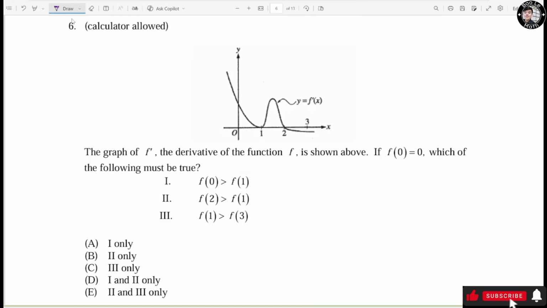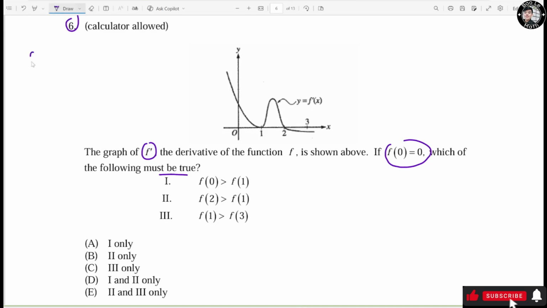Now let's move on to question 6. The graph of the function f prime of s, the derivative of the function f, is shown above. If f of 0 equals 0, which of the following must be true? Before we solve this problem, let's review the definition of an increasing function and a decreasing function.